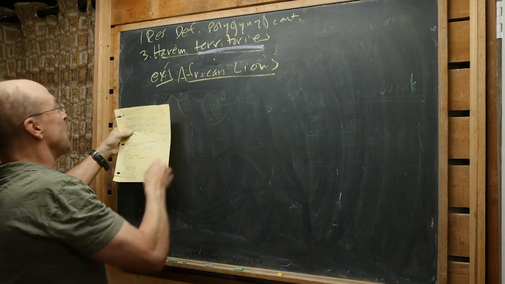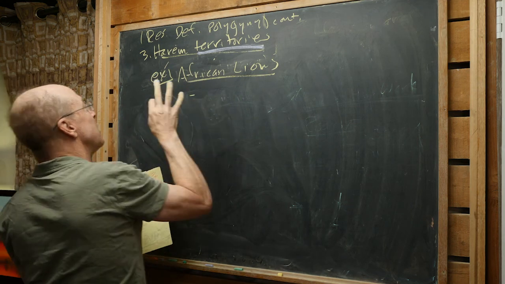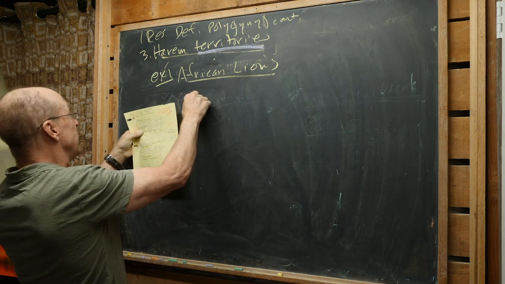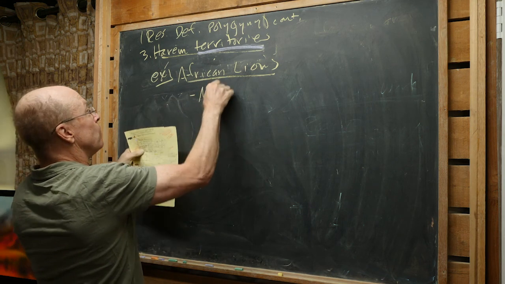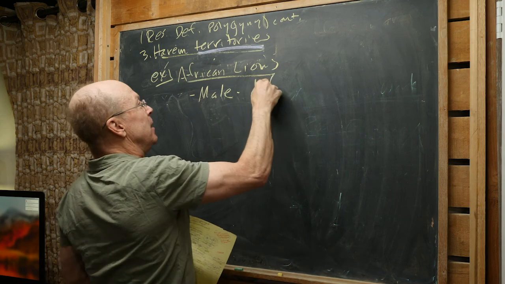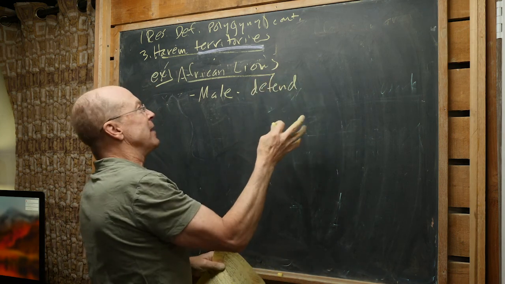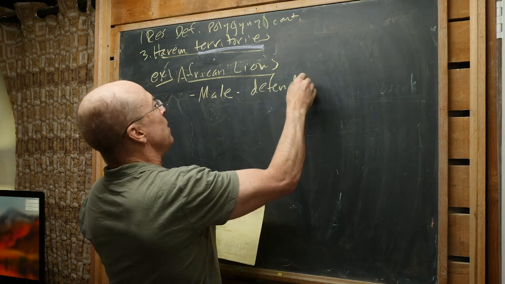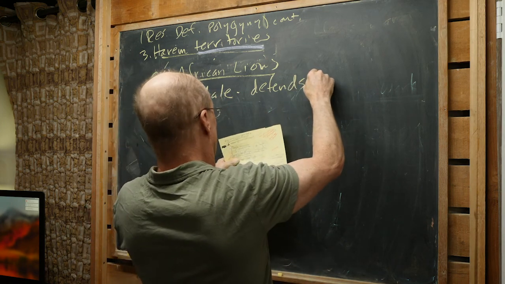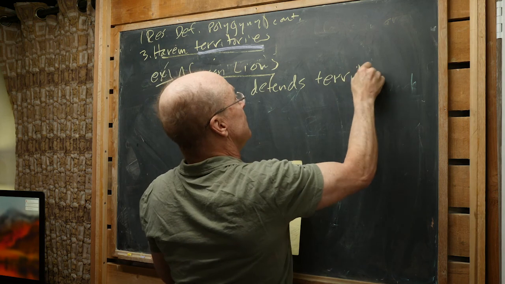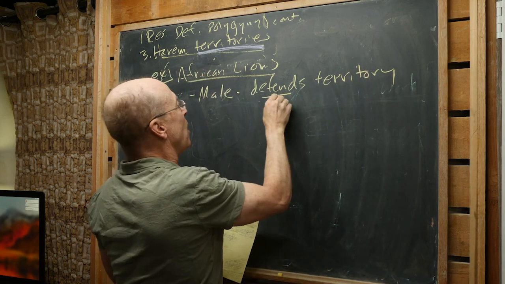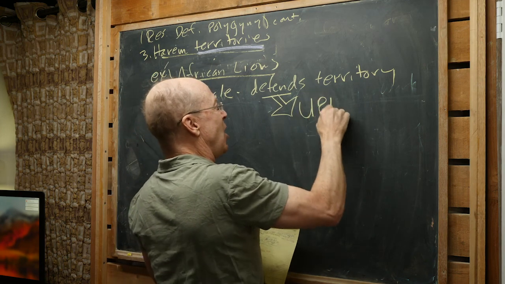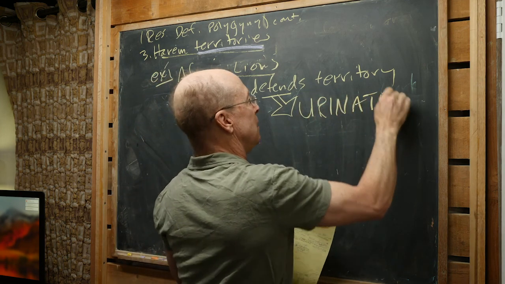This is an interesting thing because we have some things to fold into the system. Here we actually have the male, the male that has won the harem master and defended the king, Lion King. He defends this territory, and really the biggest part of defense is big time urination.